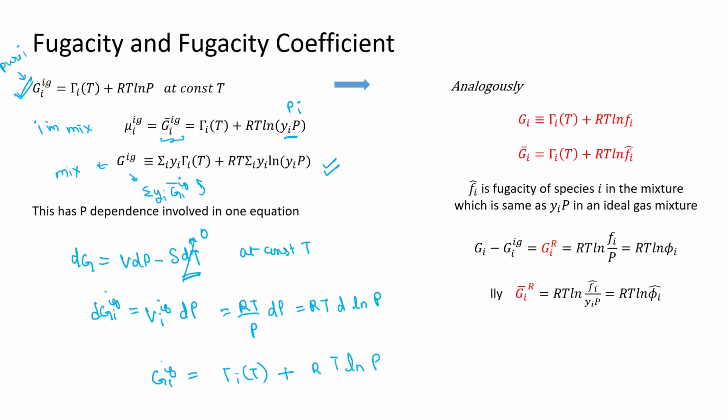It won't be 2, it will be somewhat 1.7, 1.8 meter cube. So that is accounted for in different models. An ideal gas mixture won't account for that. That's why we have delta V mixture is 0 in the ideal gas, right?